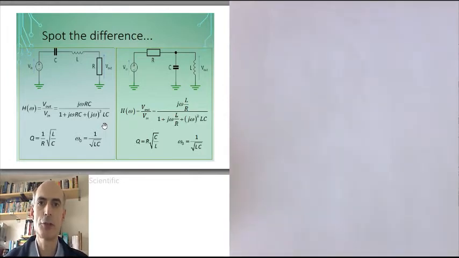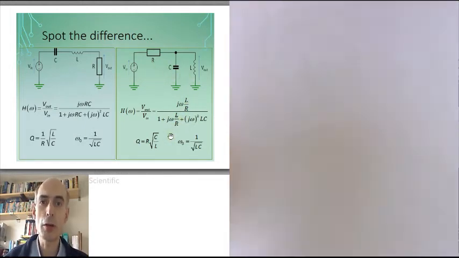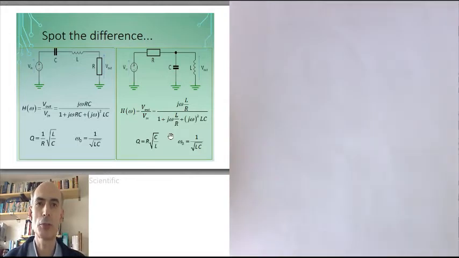But the Q factor is different. If you look carefully, you might notice that the Q factor is inverted. The Q factor of this circuit is 1 over the Q factor of this circuit. So if we designed these components to have a Q factor of 10, then this circuit would have a Q factor of 0.1 if you built it with exactly the same components.